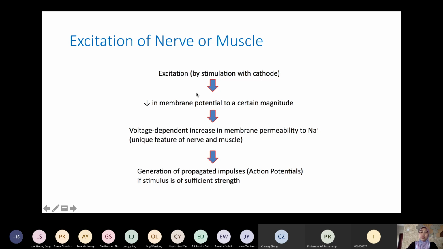So there is a decrease or reduction in the membrane potential to a certain magnitude, meaning that it will become more positive, from negative to less negative, and then it is voltage dependent, increasing the permeability of the sodium ion. So when we give a stimulus to the excitable tissue, the sodium ion channels will start to open.